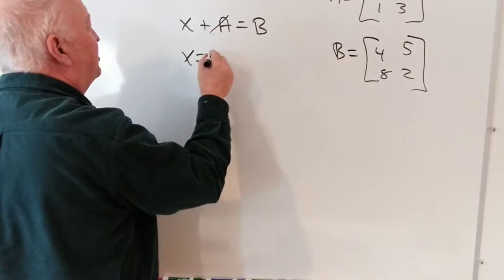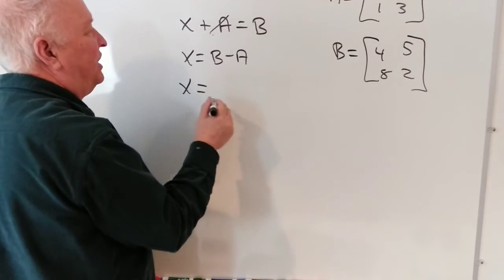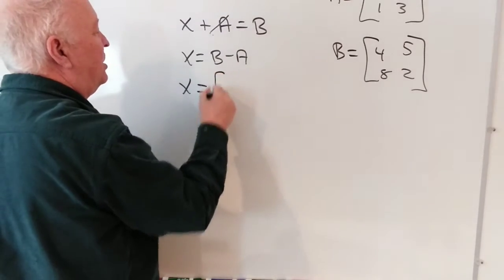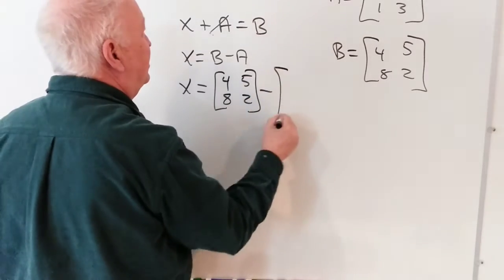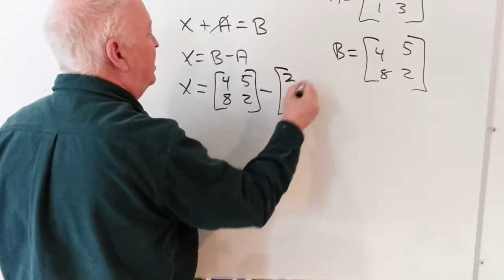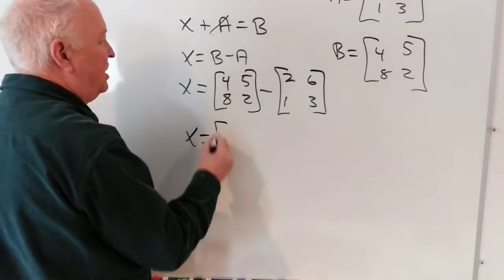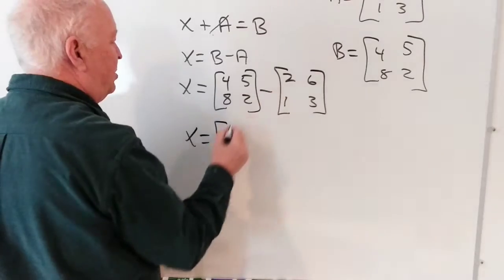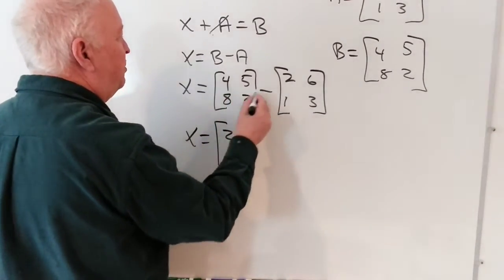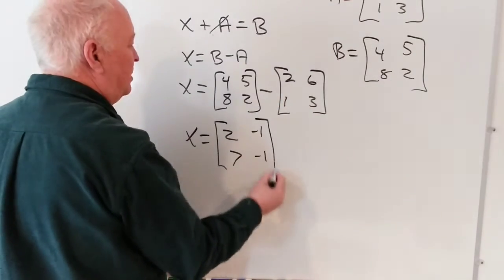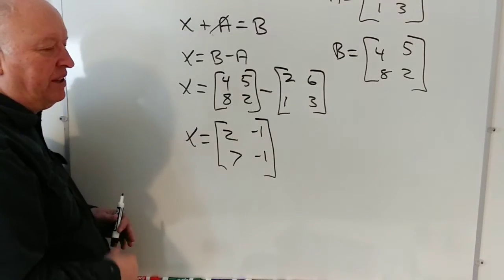X equals B minus A. So then I would calculate B is 4, 8, 5, 2 minus A, which is 2, 1, 6, 3. And so X matrix is 4 minus 2 is 2, 8 minus 1 is 7, 5 minus 6 is -1, 2 minus 3 is -1. And there you have a matrix equation and how I would solve it.